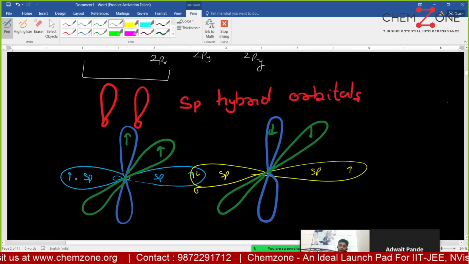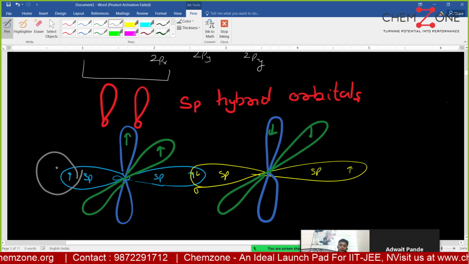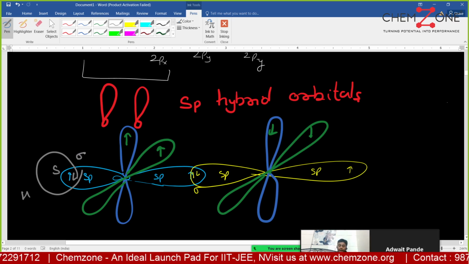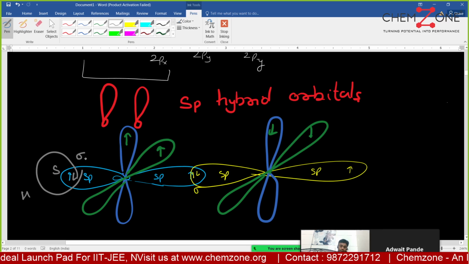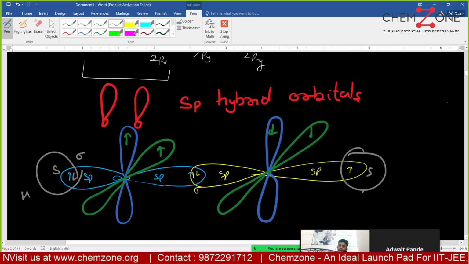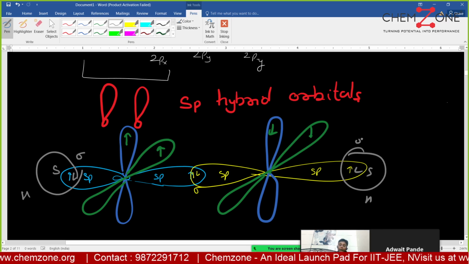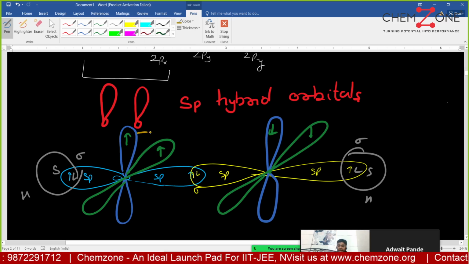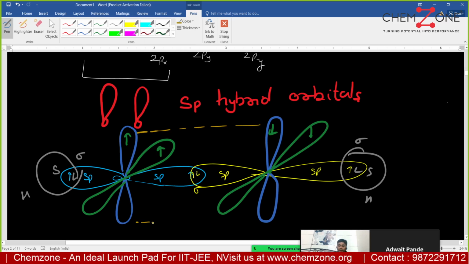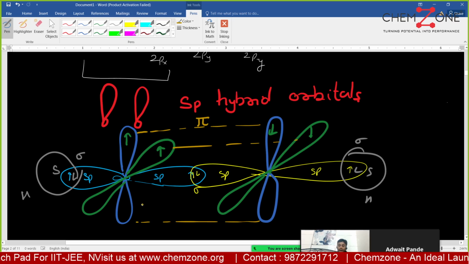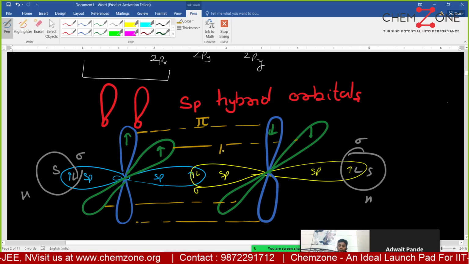So what happens here? Here the s orbital of the hydrogen overlaps head to head and forms a sigma bond, right? And here also the s orbital of hydrogen overlaps and forms a sigma bond. Now this electron and this electron, this orbital here, side overlapping takes place and forms a pi bond. This and this form a pi bond.